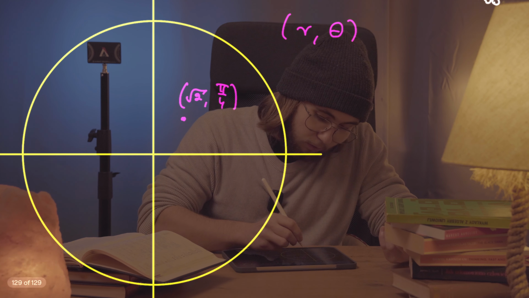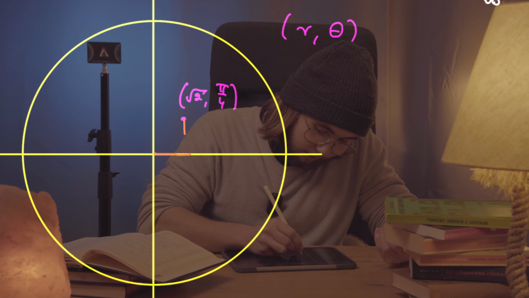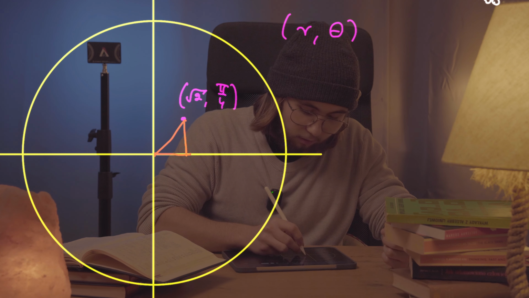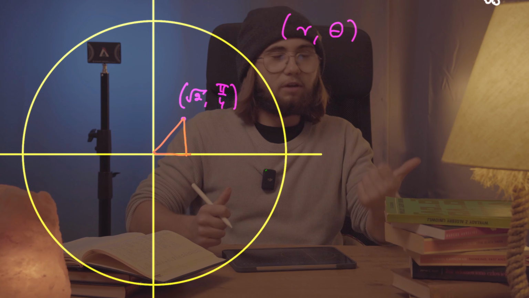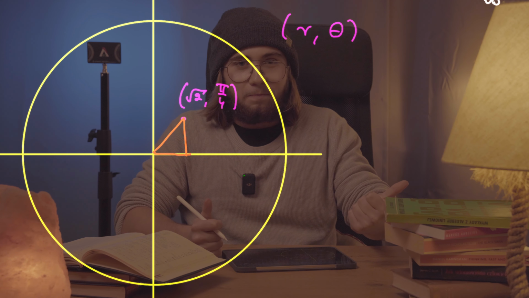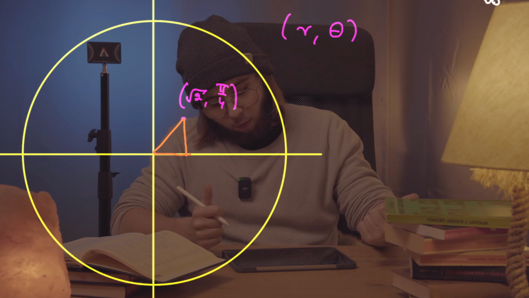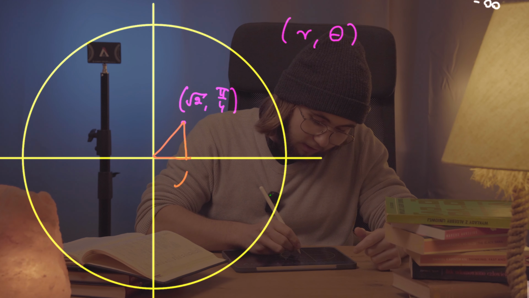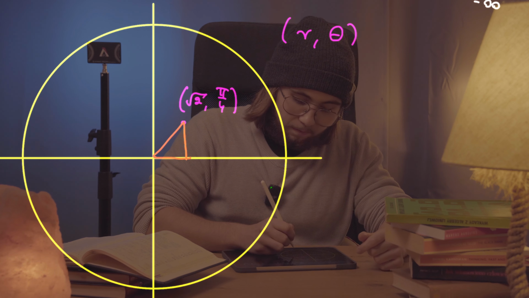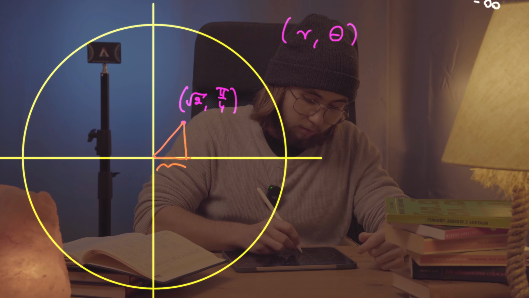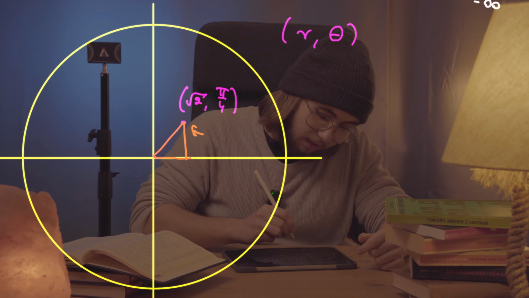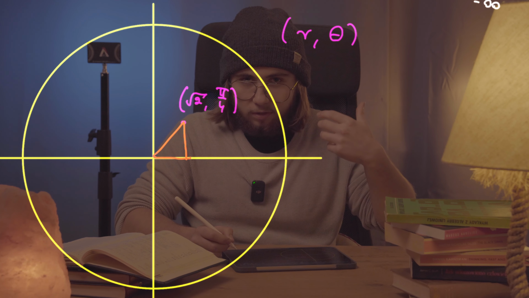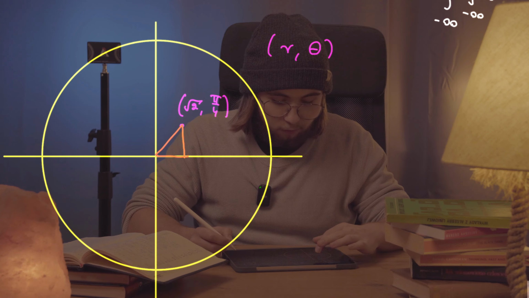We can do the same thing here and draw a triangle such that one vertex is the origin, the O point. The second one is going to lie somewhere on the horizontal axis, at a distance of square root of 2 from the origin, but this doesn't really matter. And then the third vertex is going to be our point, the one we denoted in both of those coordinate systems.